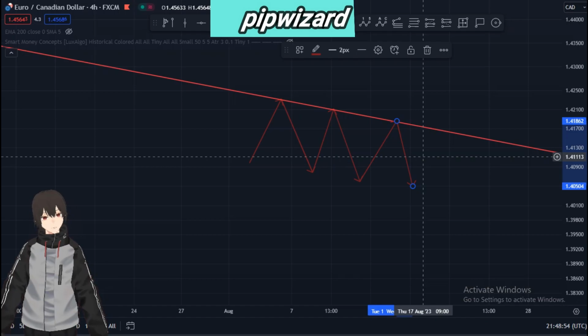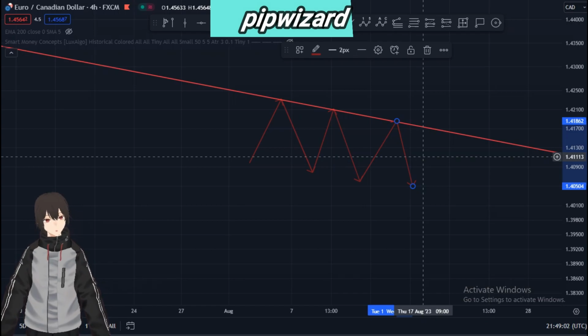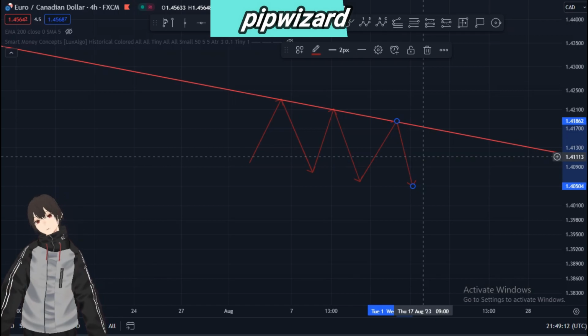The last one: the number of touches should be more than 2 or 3 times. Like I showed you, you should have 2 or 3 touches on your trend line, and it's a powerful line.